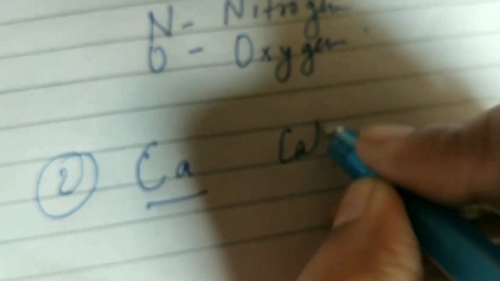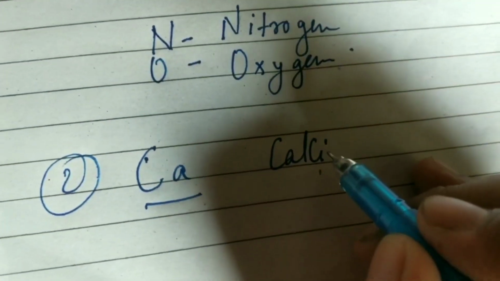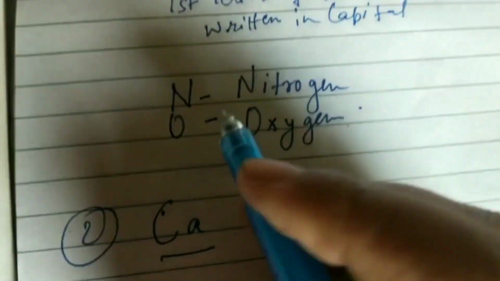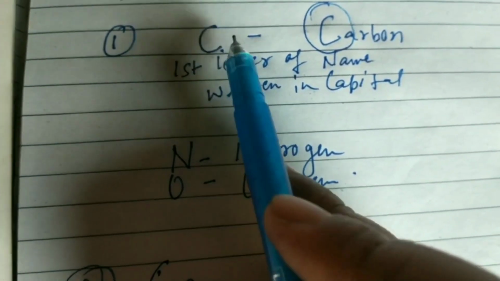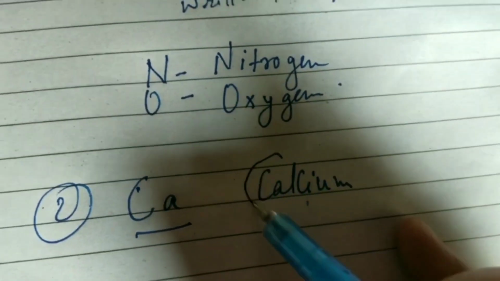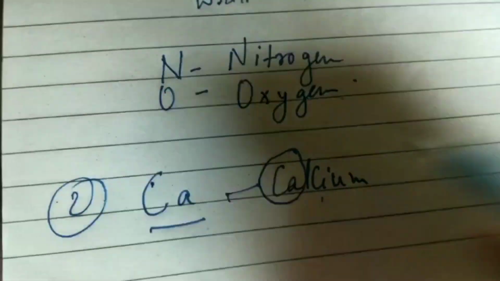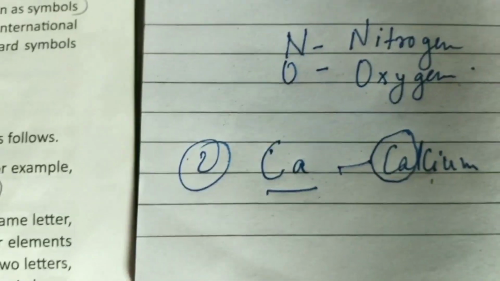Like calcium and carbon, both start with C. So we use the first two letters for writing the symbol according to the second rule.